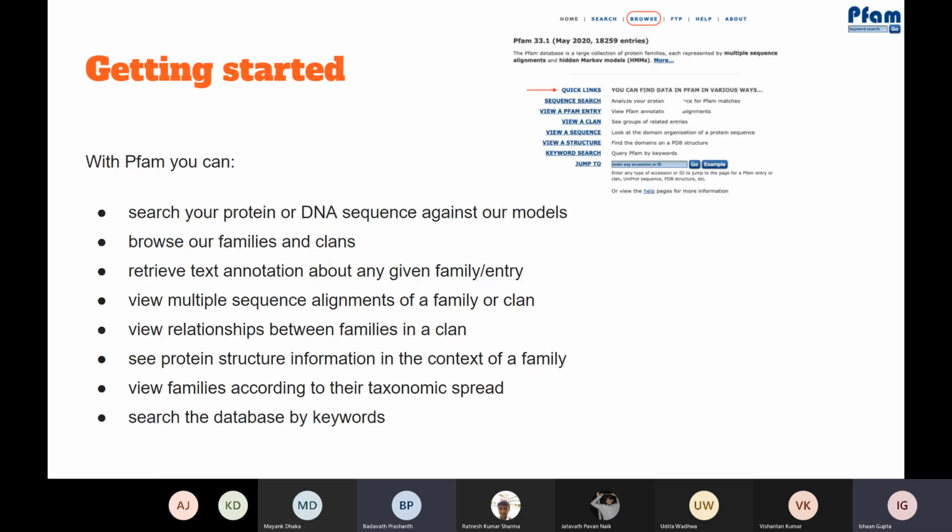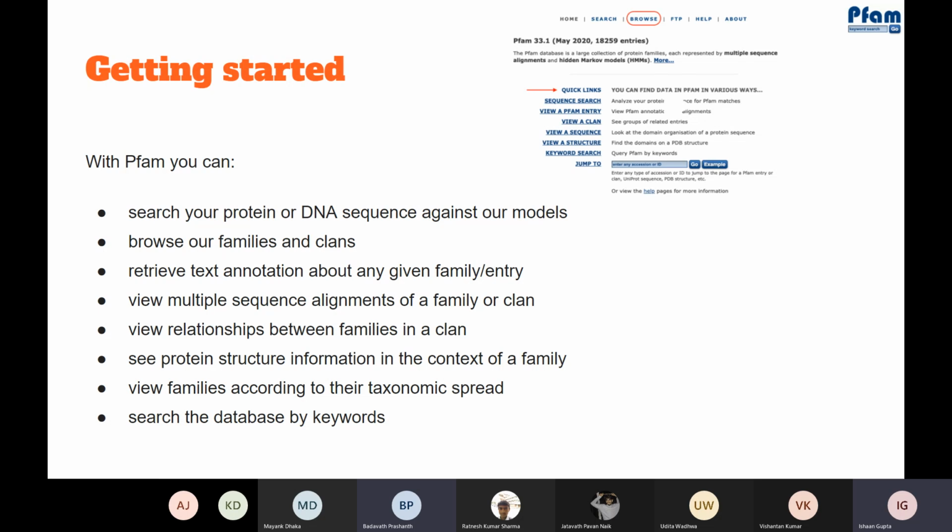All right, so when you are specifically looking at PFAM, you can search for your protein or a DNA sequence in their models. If you write the name, let's say BRCA1, they are going to tell you what domains they could find in BRCA1, and which families and clans these domains are a part of.